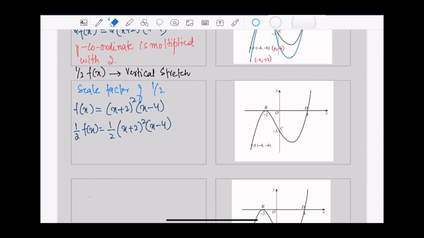The impact on D and B won't take much place, but this coordinate here is going to be somewhere here and will be 0 comma negative 3 over 2. This point here, negative 4 comma negative 6, will be multiplied. So negative 6 times 1 over 2 gives you the coordinate negative 4 comma negative 3.